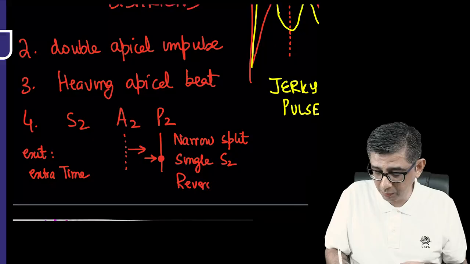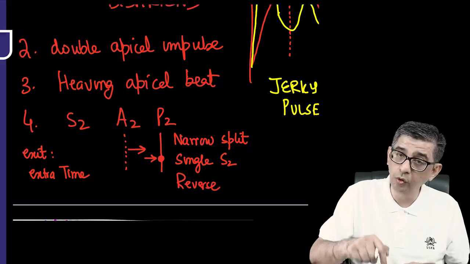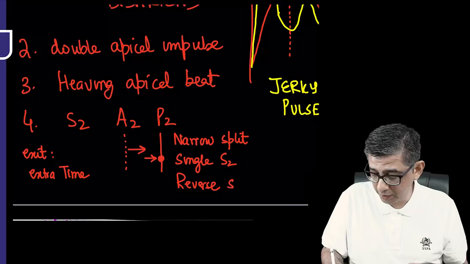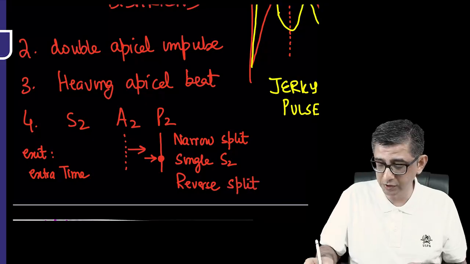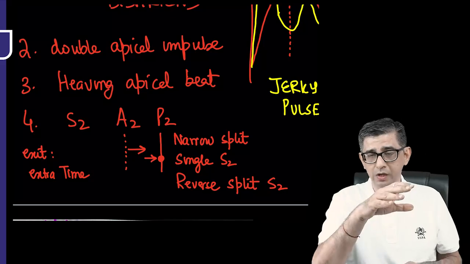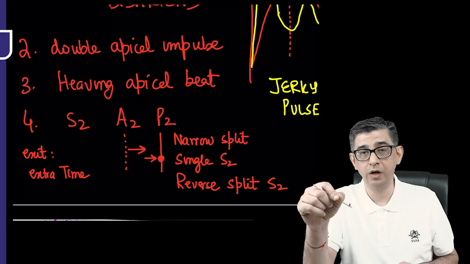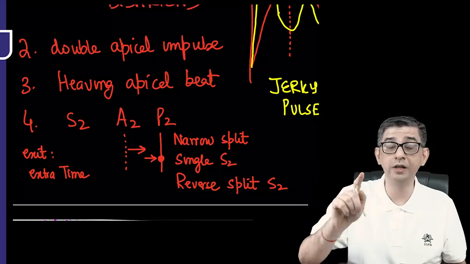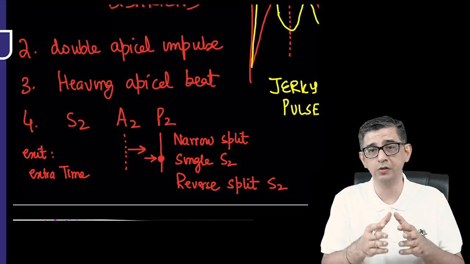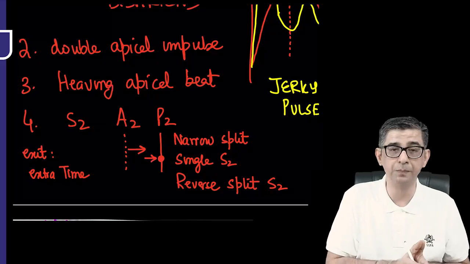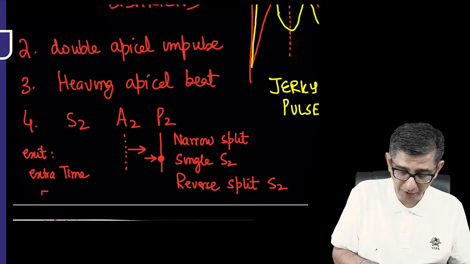Reverse splitting would mean that pulmonic valve closure will occur before the aortic valve closure. So every time you read these terminologies which I've written before you, he's trying to tell you that there is a problem with exit of blood out of the heart. Though less blood came in, still it is taking more time than normal because of the left ventricular outflow tract obstruction.